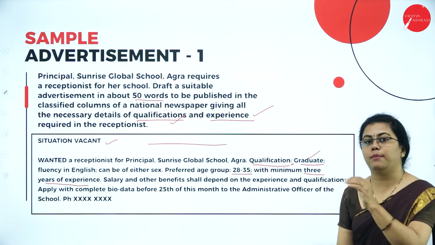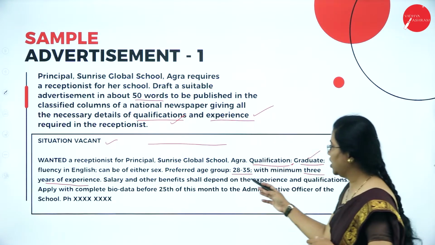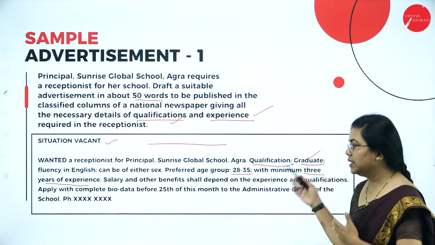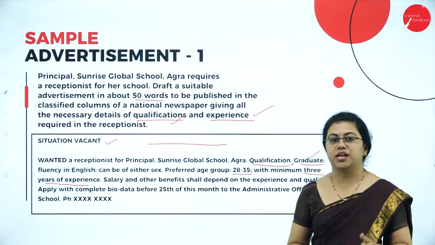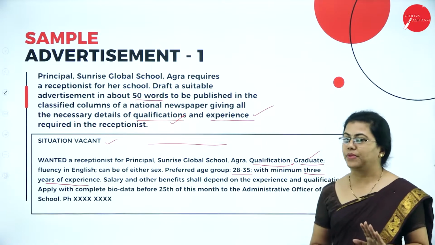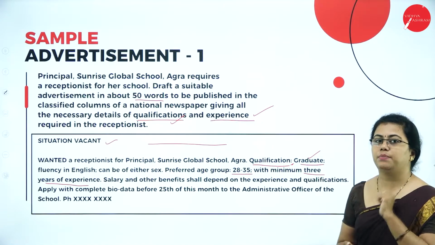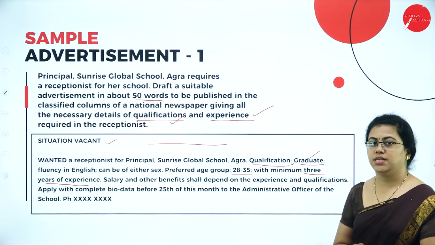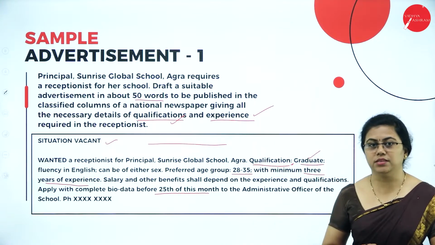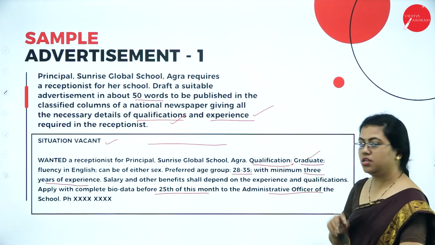What else do you want to talk about over here? You need to specify the salary. You can say salary and other benefits shall depend on the experience and qualification. If you want to make it even briefer, you can just write salary best in industry. That much is fine. So where should that person apply? Whom to contact? The person should apply before 25th of this month to the administrative officer of the school.